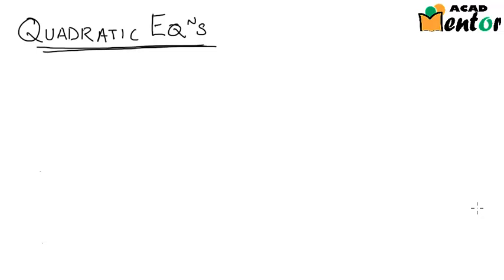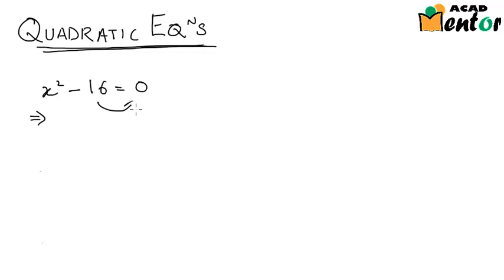Hey there, last time we were talking about quadratic equations and I had said that we'll talk about another interesting method to solve these quadratic equations. So here's a simple one, x square minus 16 equal to 0. If this is the quadratic equation, it's pretty simple to solve. Let's see how.